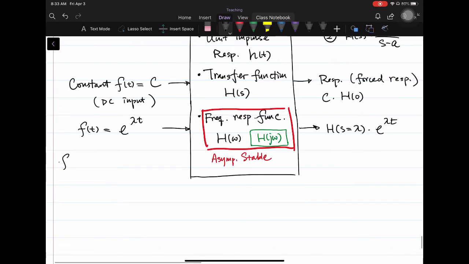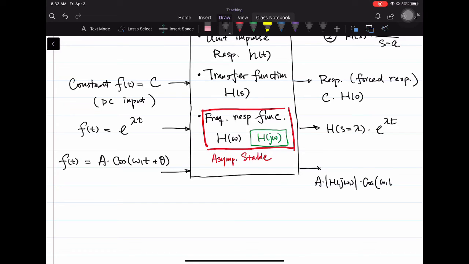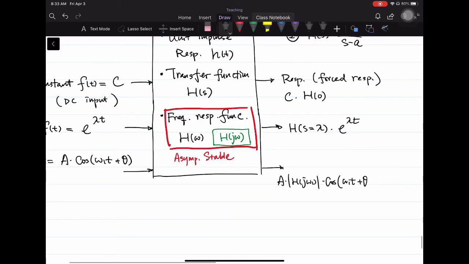And finally, for f of t equal to A cosine of omega 1 t plus theta, a sinusoidal input, the response will be A times the absolute value of H of j omega 1, times the same cosine with the same frequency, and with the phase modified by the frequency response function evaluated at that frequency.